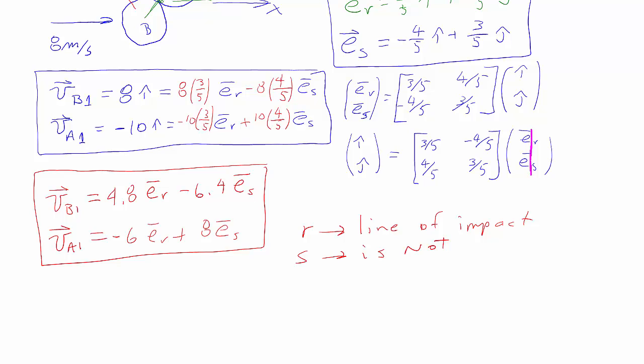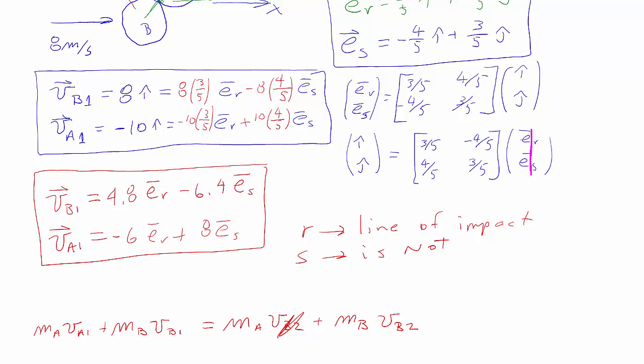Okay, so what I need to do is m_A v_A initial plus m_B v_B initial is equal to m_A v_A after impact plus m_B v_B after impact.